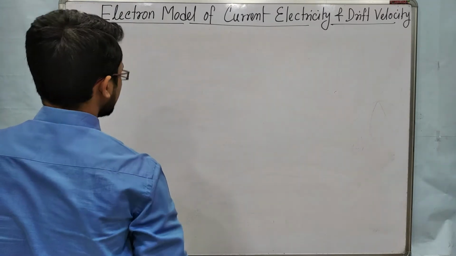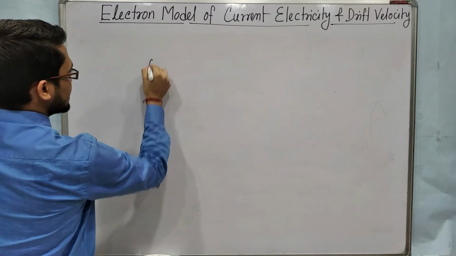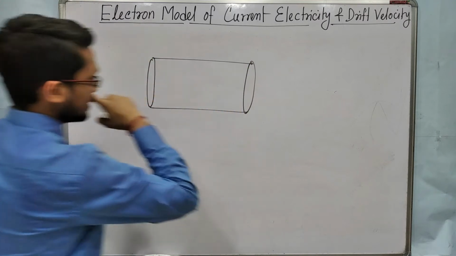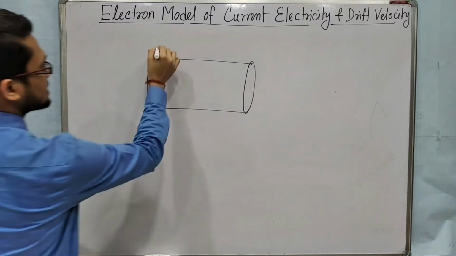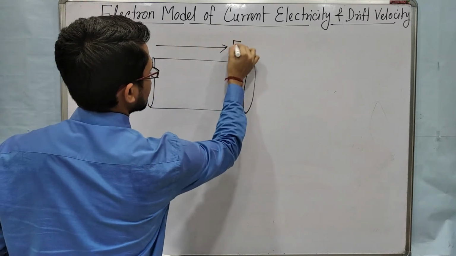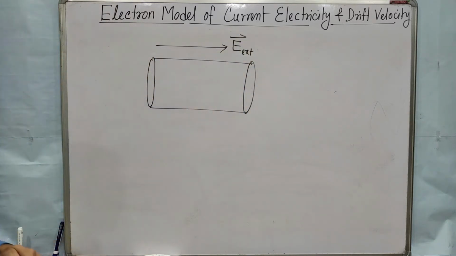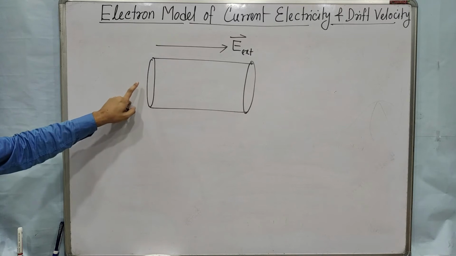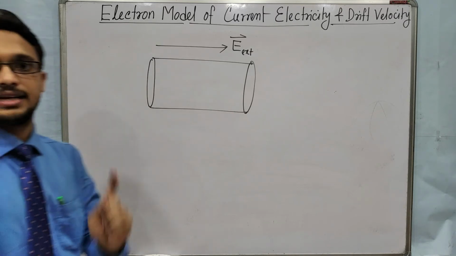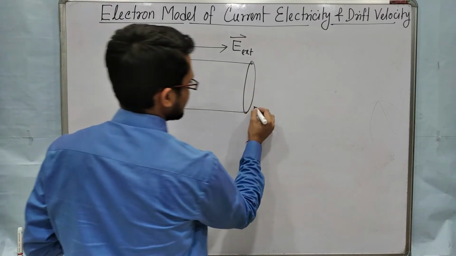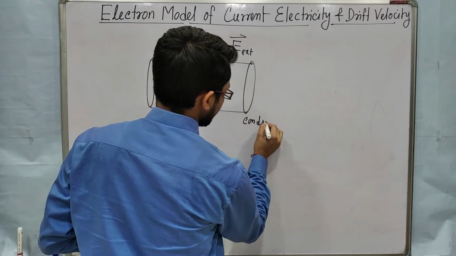Now this conductor is kept in an external electric field, E external. It is kept in an external electric field, but still it is not connected to any external battery. Then what will happen? This is a conductor.